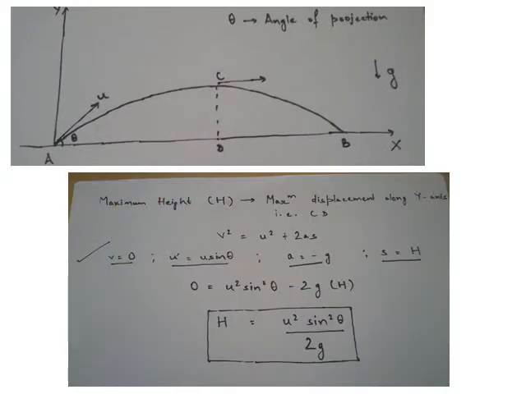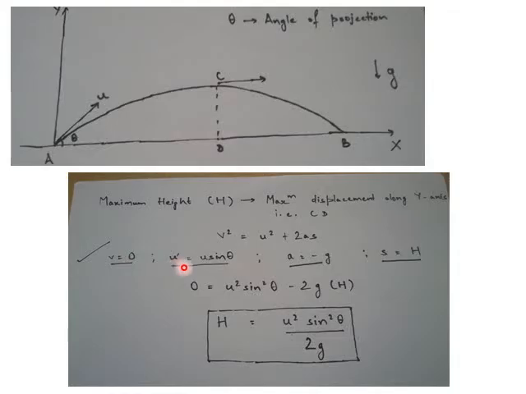Coming to maximum height. Maximum height is simply the maximum displacement of the projectile along the vertical, that is y-axis. In this diagram, we can see it is the distance CT. As before, we can consider the motion of the projectile from point A to point C and use the equation v square equal to u square plus 2as to find the maximum height. As before, v, which is the vertical component of velocity at point C, the topmost point, is 0.